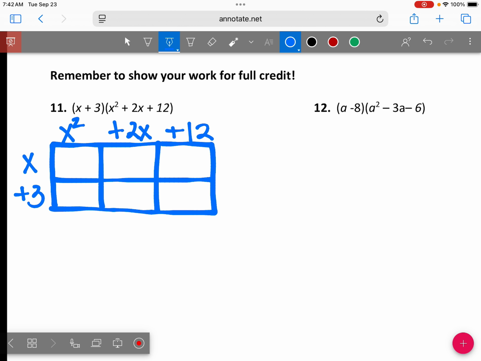So we got x times x squared, and that was x cubed. X times 2x, 2x squared. X times 12, 12x. That's my first row. Now do your bottom row. Multiplying everything in that top row by 3.